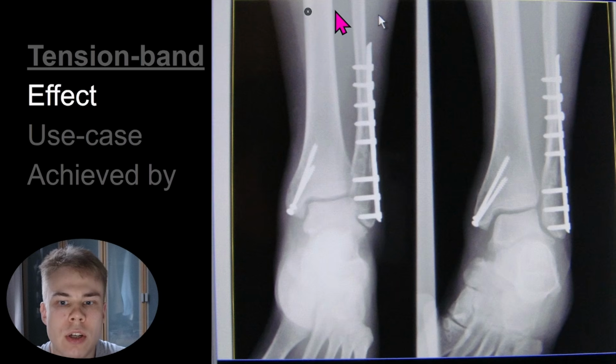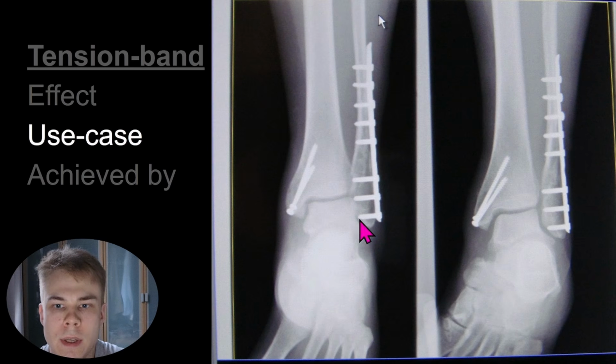So if you imagine the mechanical axis of the leg going through here and load going through there, that means that the center of the load is here, which means that the medial cortex of the fibula is being compressed, but the lateral cortex is in tension.